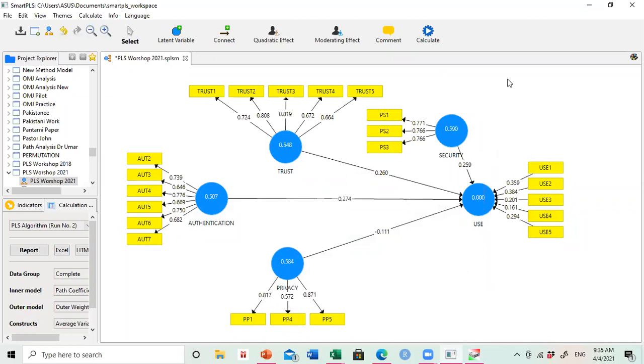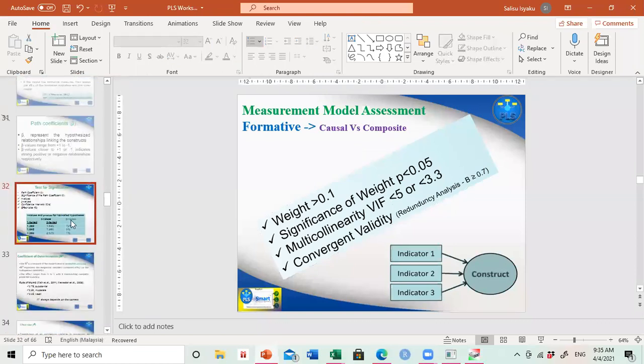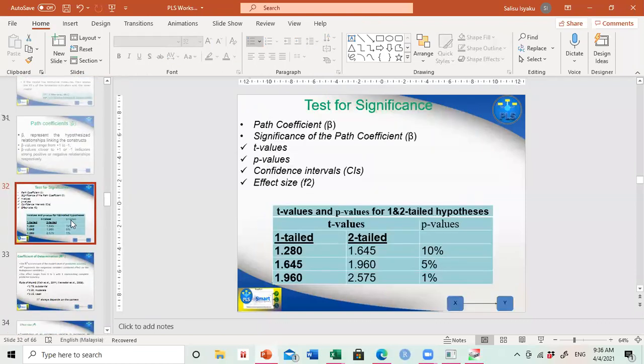But we don't stop here. Next we want to know, is it significant? If we want to know whether the items are significant, this is what we should do. This is the test of significance.